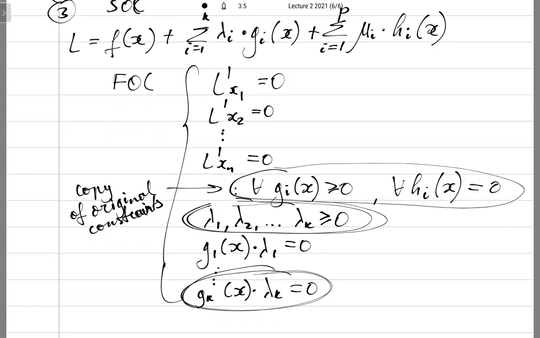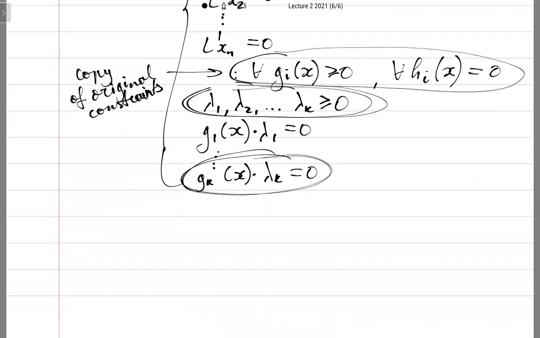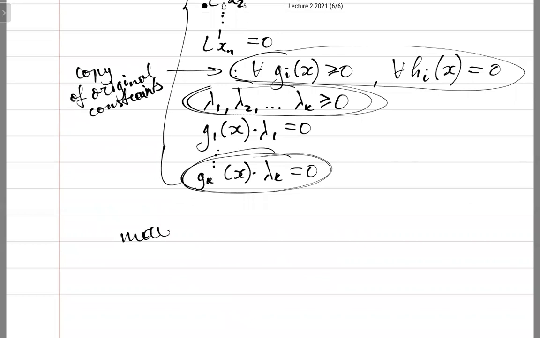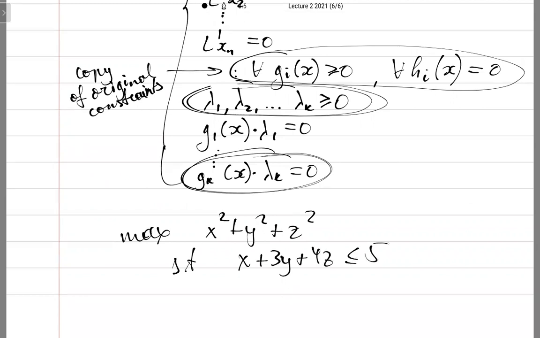Excuse me, and h is a different set of constraints, right? You may have a combination of equality and inequality constraints. So we may solve, for example, maximization of x squared plus y squared plus z squared subject to x plus 3y plus 4z less than 5, and x plus 2z minus y squared exactly equal to 16.